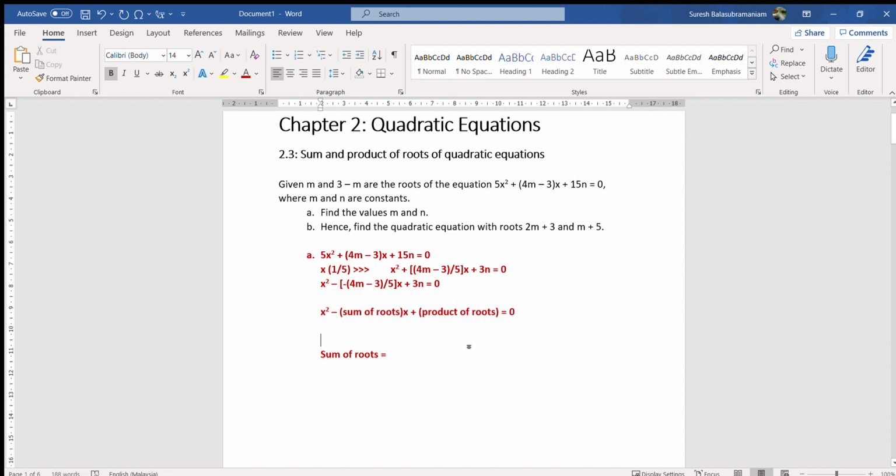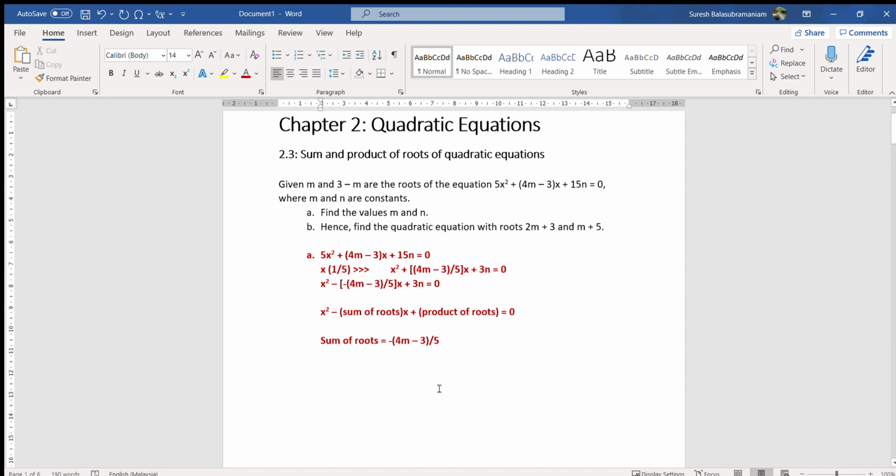So the sum of roots is negative (4m minus 3) over 5. What are our roots? m and 3 minus m.